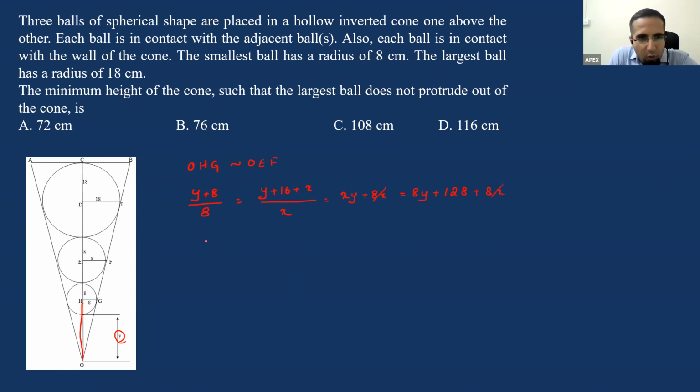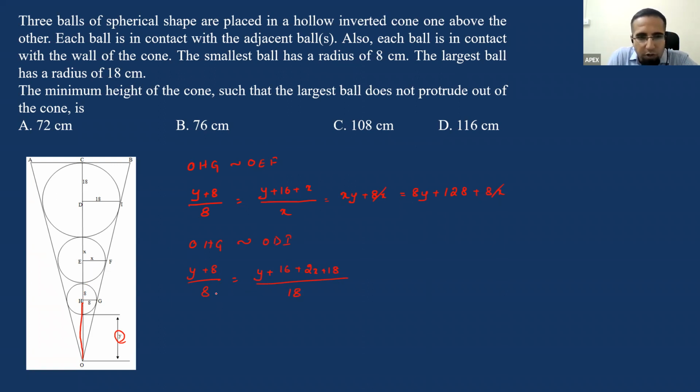Now let's again look at OHG is similar to triangle ODI. In this case, I get y plus 8 by 8, which is equal to OD is y. I repeat, y plus 8 plus 8, that is 16, plus 2x plus 18, divided by 18.